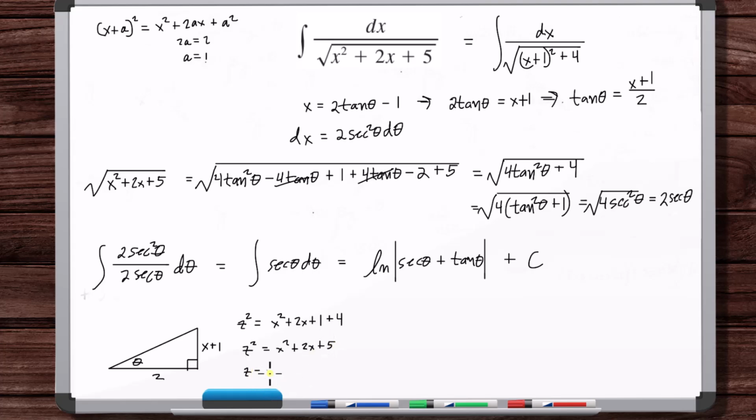So z is the square root of x squared plus 2x plus 5.